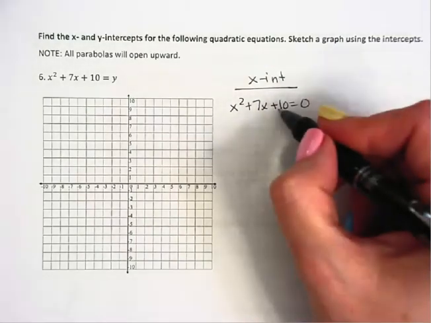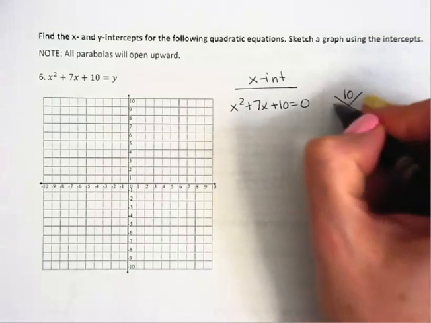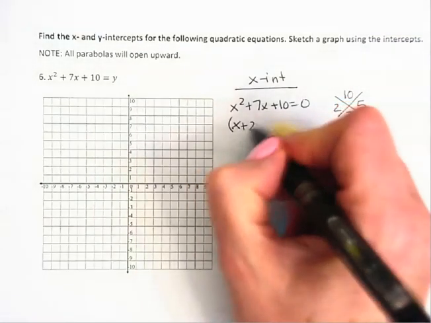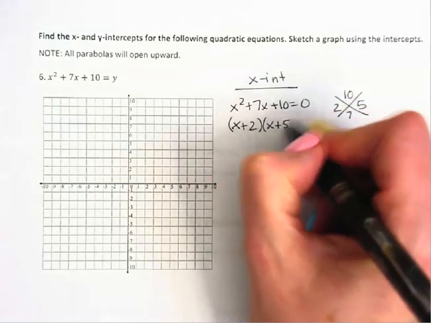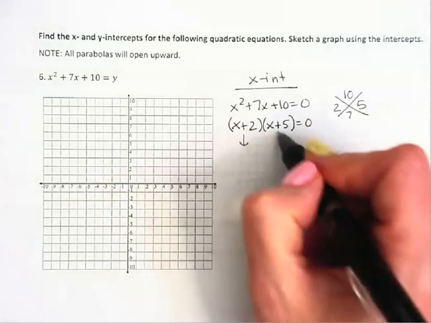Now I'm going to factor that side, what multiplies to the last term and adds to the middle, and it's 2 and 5. Set each of those factors equal to 0 and solve.